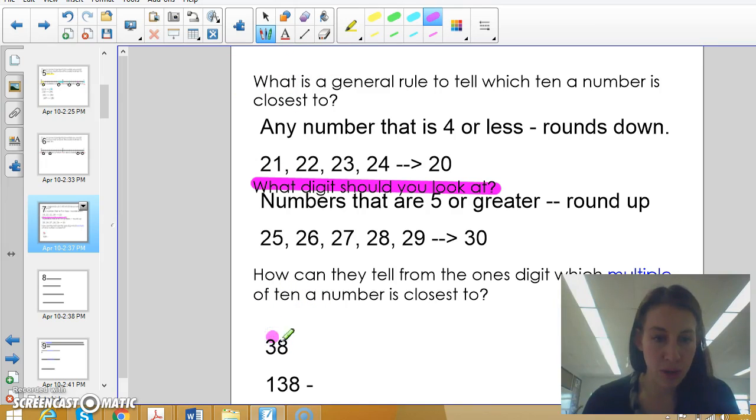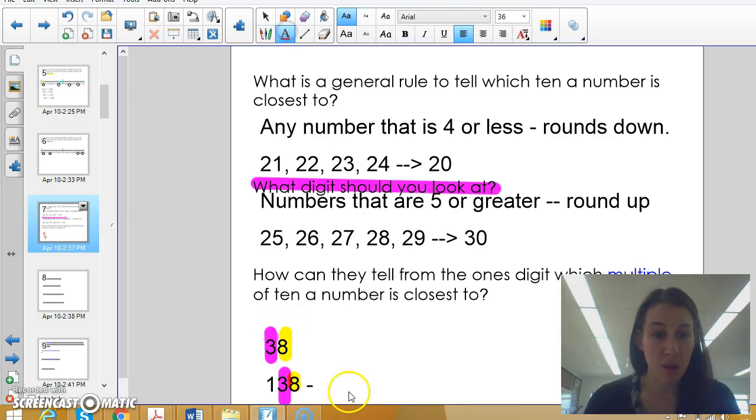Find the ones, tens digit. But the digit that really matters the most is the one that's next door. This 8 tells us what to do. This 8 tells us that 38 is closer to 40. So you want to find the digit that it's asking you to round to, and then you want to look next door.